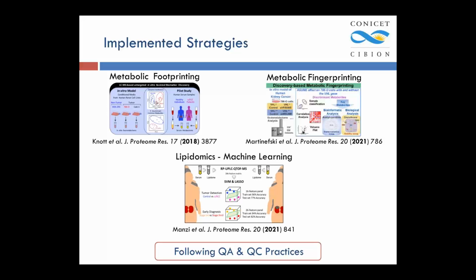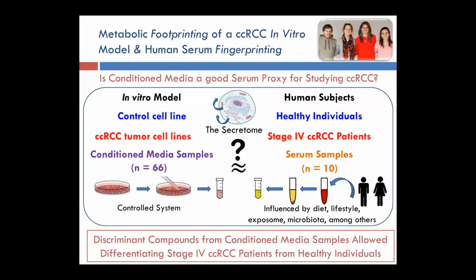So in all of them, we aim at following quality assurance and quality control practices and reporting them in the publications. So what I'm going to do now is briefly tell you some hints about each of these publications and which were the quality control practices that we have followed so far. So the metabolic footprinting study of a clear cell renal cell carcinoma in vitro model was the first study that we designed in the lab.